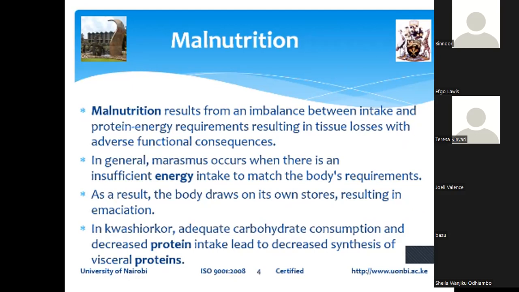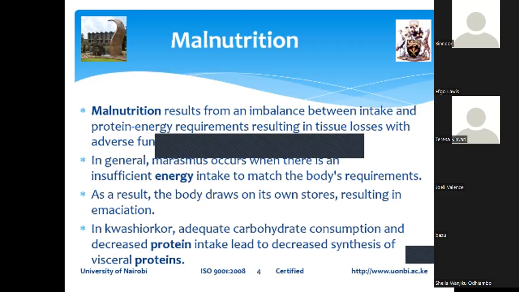So generally, the body will tend to store, and this leads to decreased synthesis of visceral proteins.